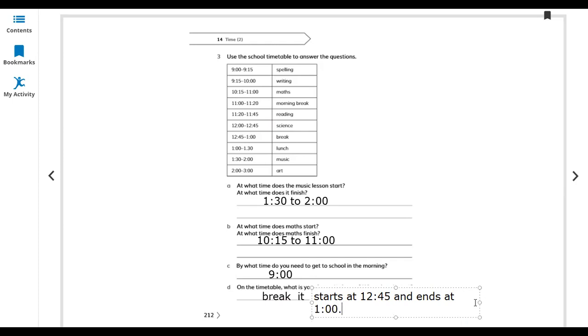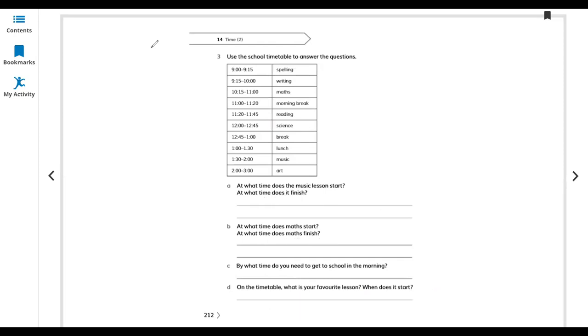Break time, break. It starts at 12:45 and ends at 1 o'clock. Okay, let's move to the next page.